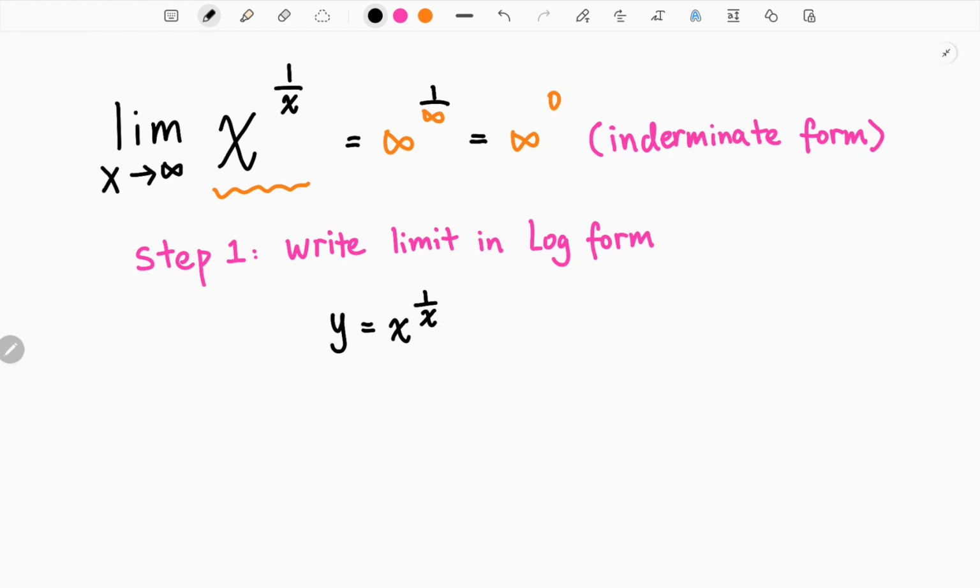Then we take the natural log of both sides of the equation. We get ln of y is equal to ln of x to the 1 over x power. We have our natural log equation here.